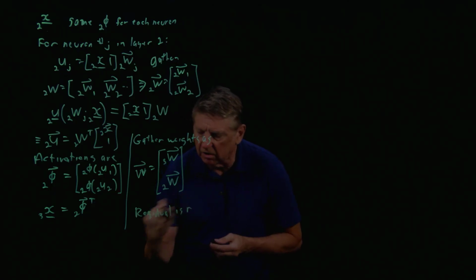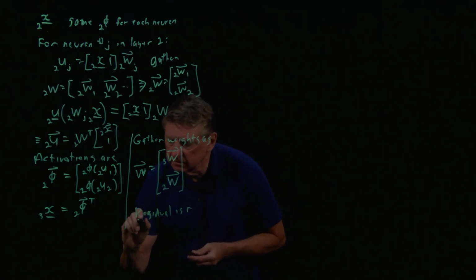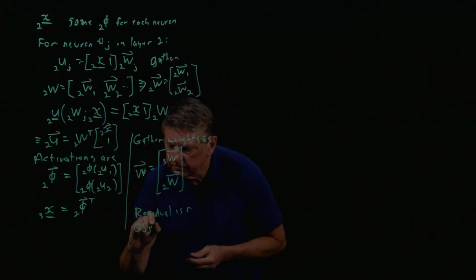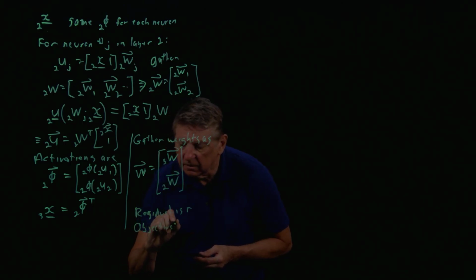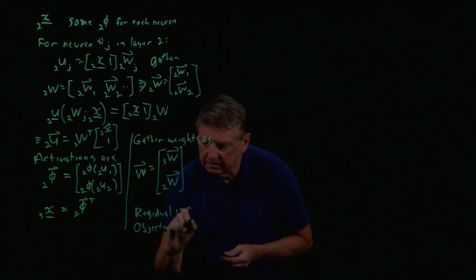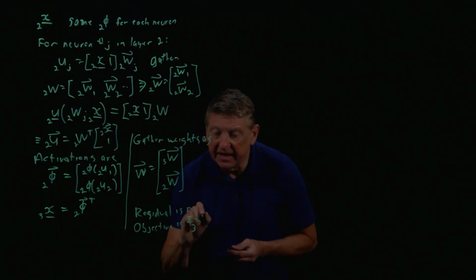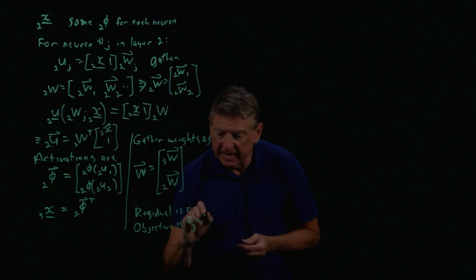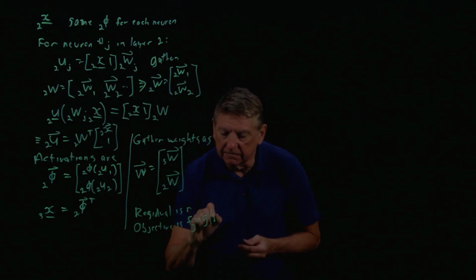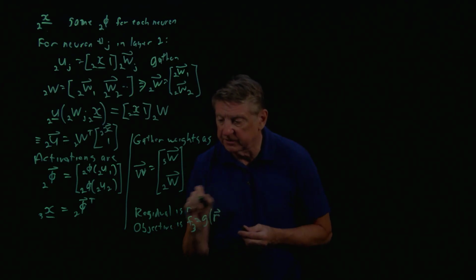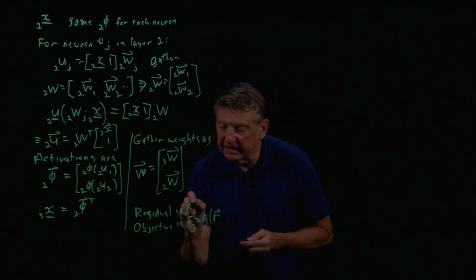So the residual error, residual is R, and the objective is F3, and that will equal that function G of R. Now R is a vector, so residual is a vector.